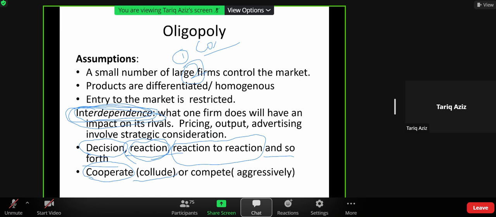So if one increases the price, another will also increase the price. So they have colluded with each other. They are cooperating with each other. So this is one possibility. Another possibility is that the cooperation among oligopolies may not fructify, may not develop, and instead of cooperating, they may compete with each other.